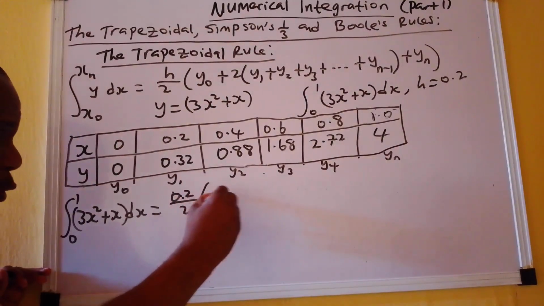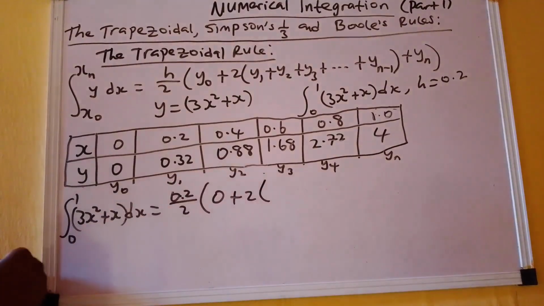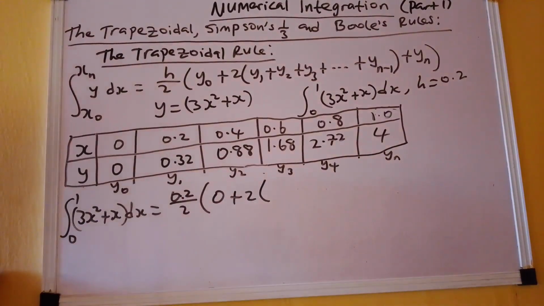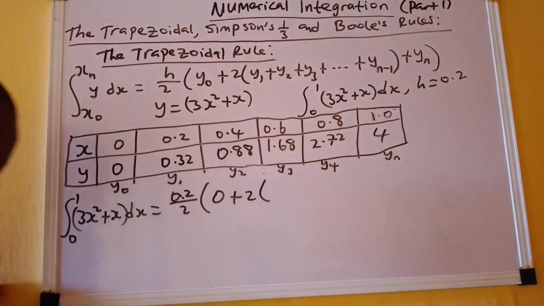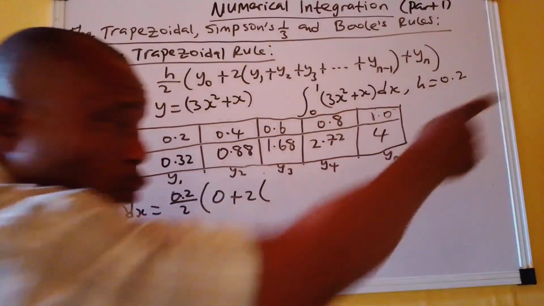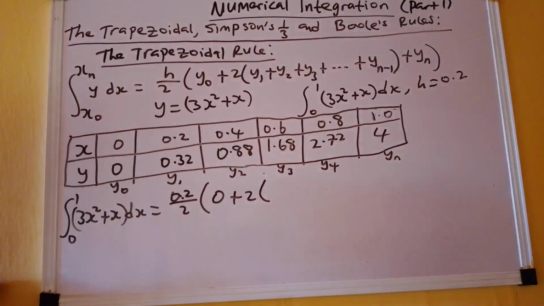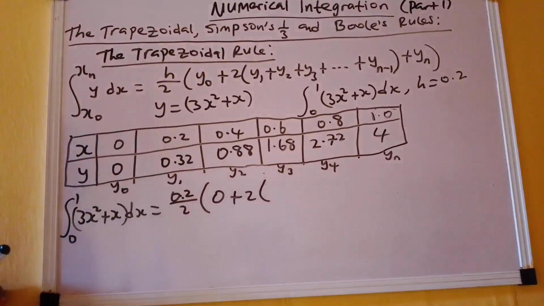So you have 0 plus, we are following this formula, 2 into bracket open. Now what are the values inside the bracket? From y1 down to the second to the last y. You can see that your yn is also reserved. It's not part of the bracket. So you put everything from y1 to the second to the last y.